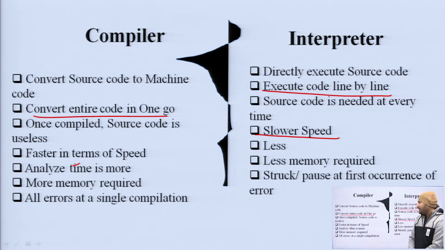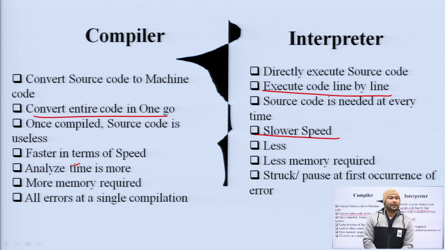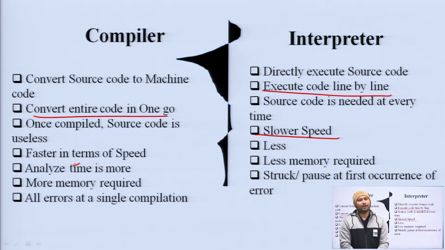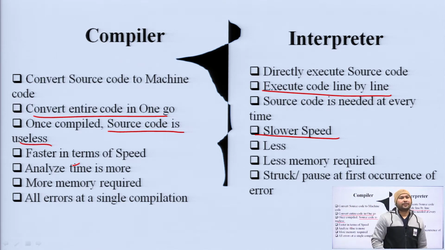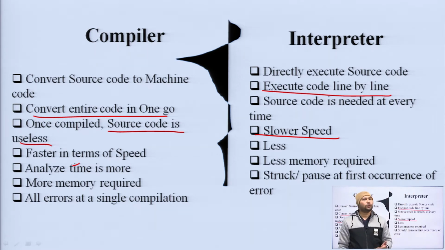What's more is that in the compiler, once the program code is compiled, it does not require the source code any more. That means once it is compiled, the source code becomes useless, because in the compiler an exe file is generated, and once the exe is generated, there is no other use for the source file.